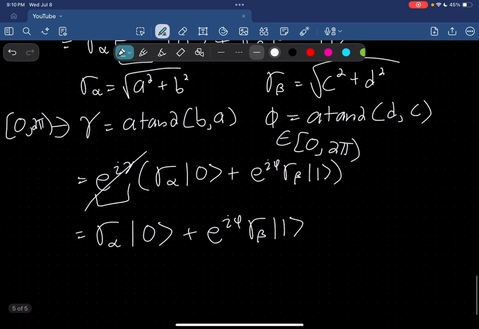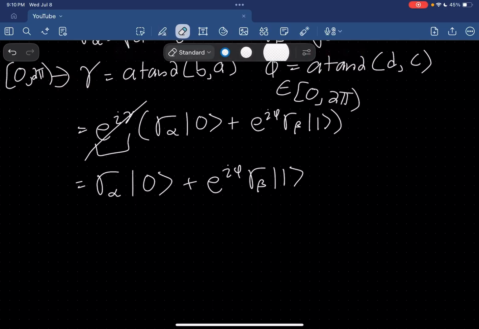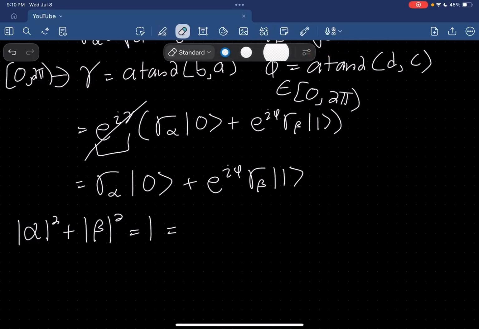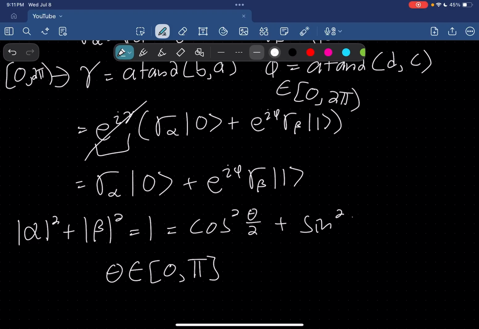And so now we recall that the modulus squared alpha plus modulus squared beta is equal to 1, right? And we also know that if we introduce an angle theta between 0 and pi, then cosine squared theta over 2 plus sine squared theta over 2 is also equal to 1.